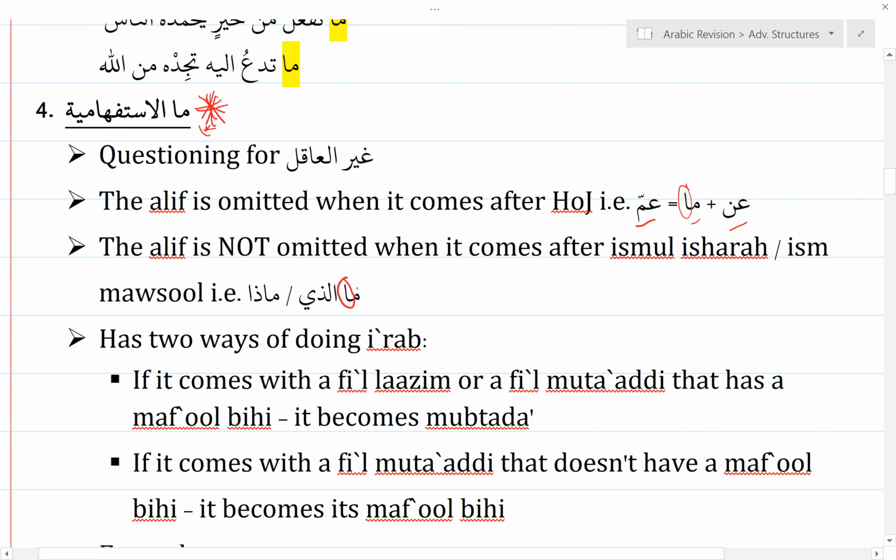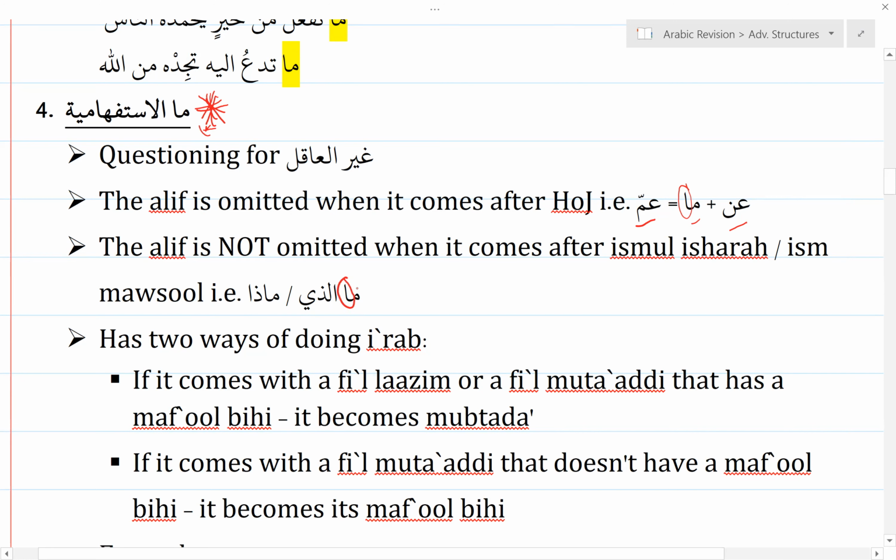Sorry, it will be considered mubtada if the maf'ul bihi is mentioned, or if it's lazim. So basically, if the sentence is complete. Yesterday we said lazim doesn't require a maf'ul bihi to be complete, but muta'addi requires a maf'ul bihi to be complete. So if the sentence is complete, whether it's lazim or muta'addi, then the ma becomes the mubtada.